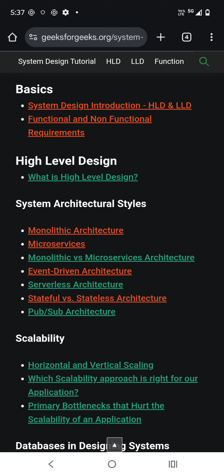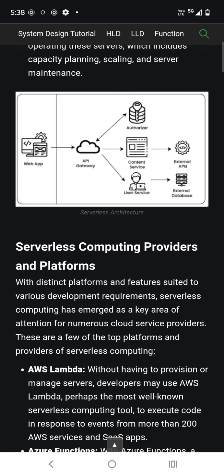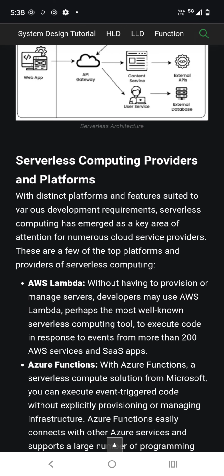Okay, the other architecture is serverless architecture. This is a new style of coding that has come recently. If you look at the cloud, all the cloud providers are introducing this serverless architecture.